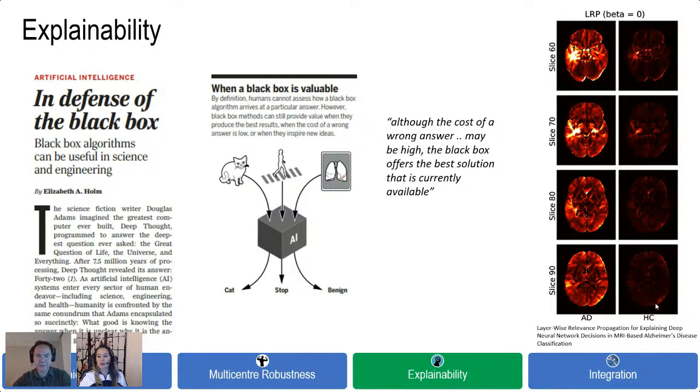So they were doing classification between healthy controls and Alzheimer's disease. You can see that the areas that were important for making decisions were some of the cortical regions, where we know atrophy is occurring, and some of the other regions in the brain. So there's a lot of discussion about ways that you can try to open up the so-called black box.